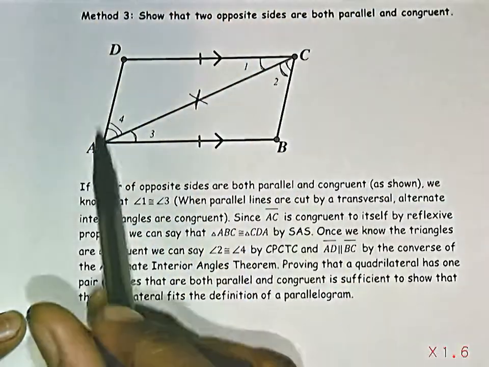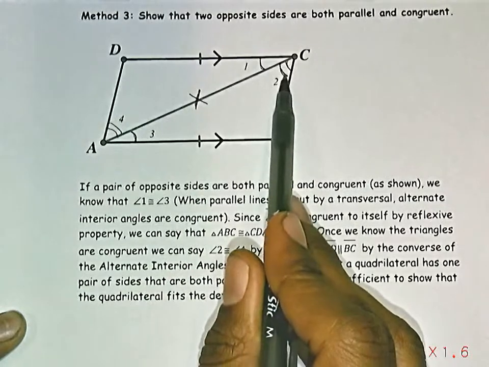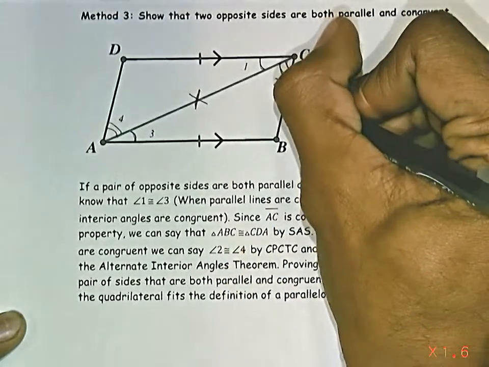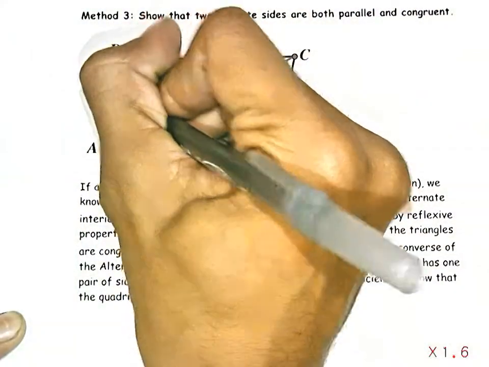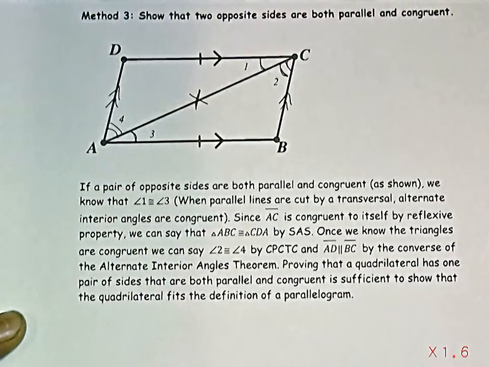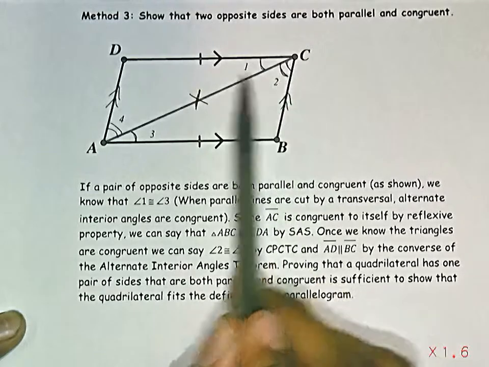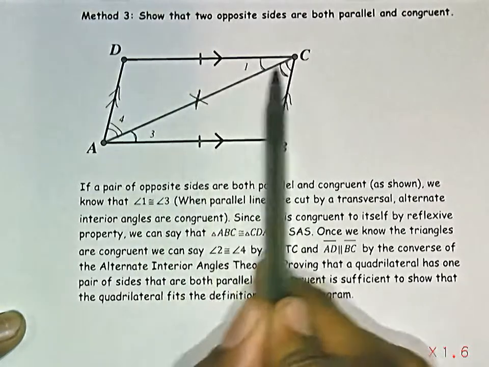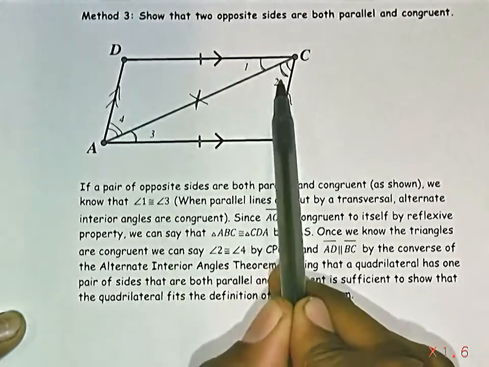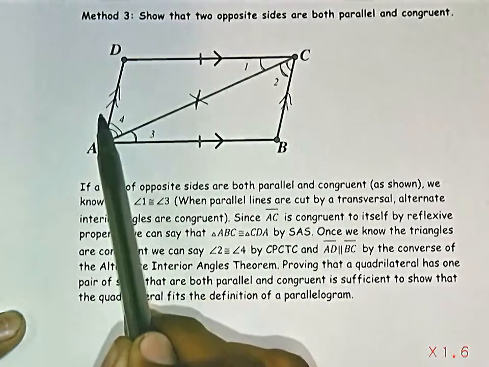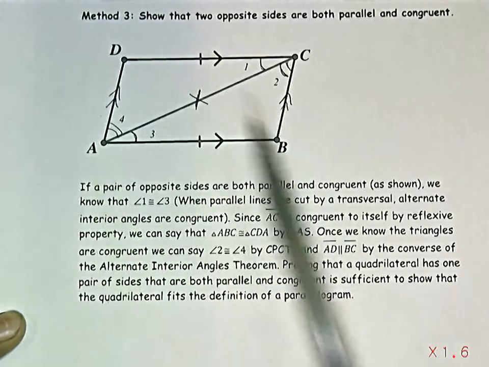And according to the text, because those two are congruent, it makes this segment here parallel to this segment here. So we want to see how those two things go together. Angle 2 and angle 4 are alternate interior angles, and because they're congruent, that's why those two sides are parallel.